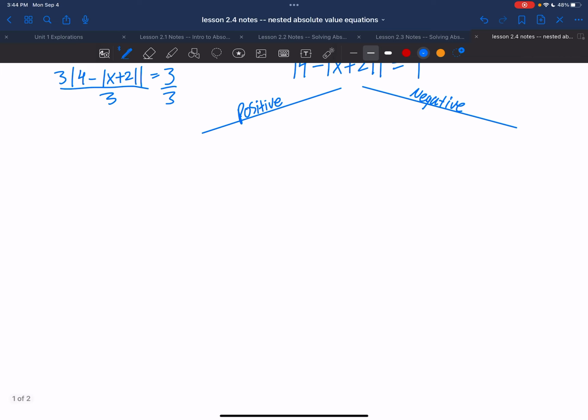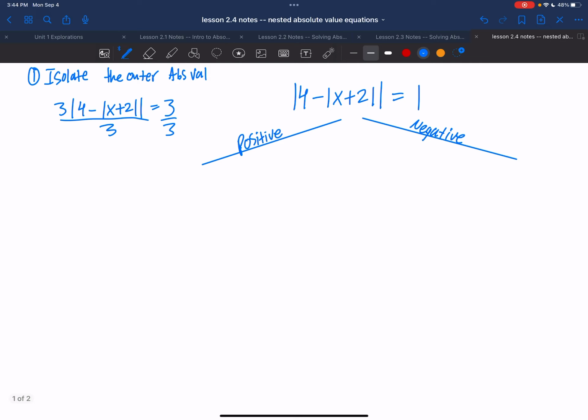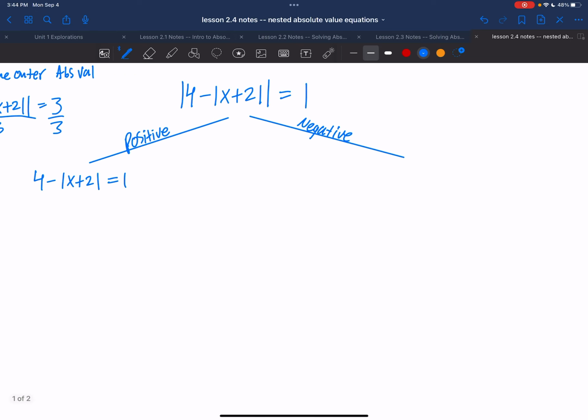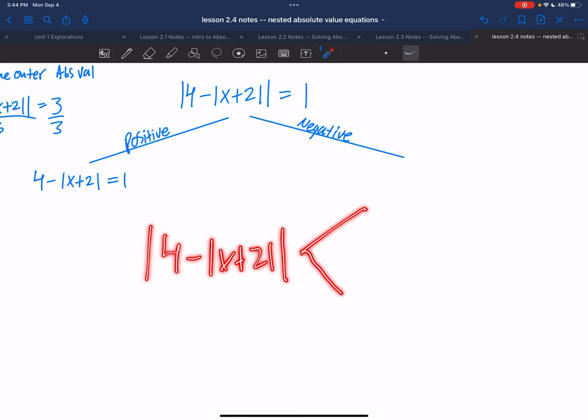So the positive case is I just drop the bars, right? I do 4 minus the absolute value of x plus 2 equals 1. And the negative case, careful here, you have to think about this carefully. You're doing the absolute value of 4 minus the absolute value of x plus 2. The first case is you just keep it as it is.